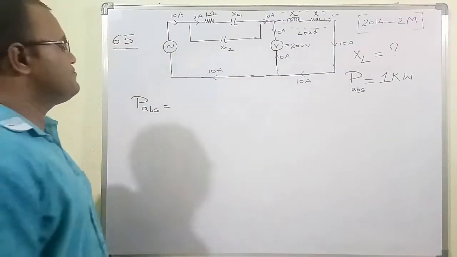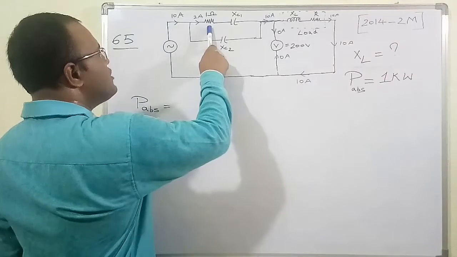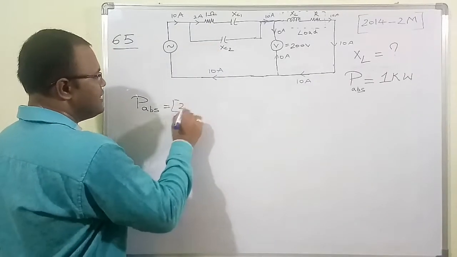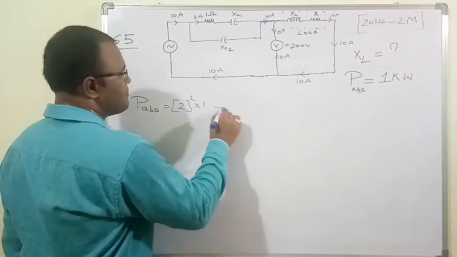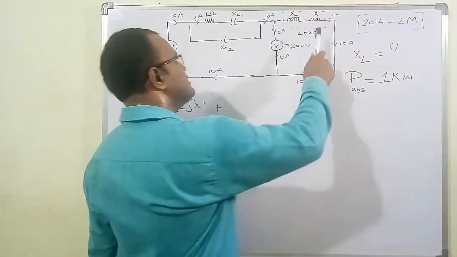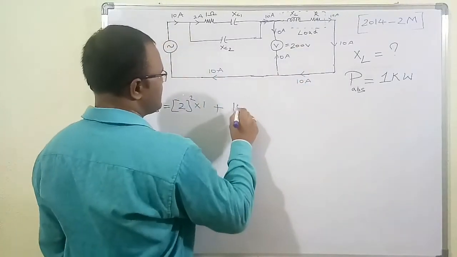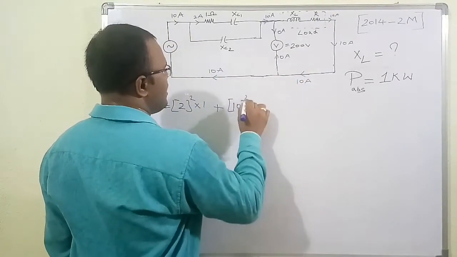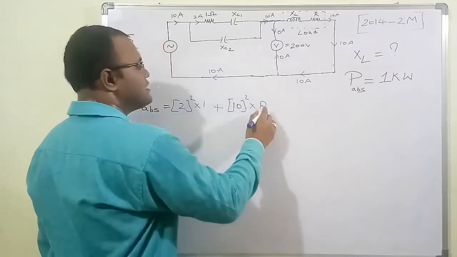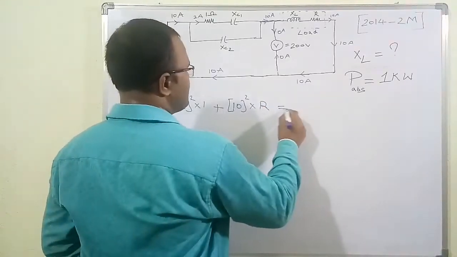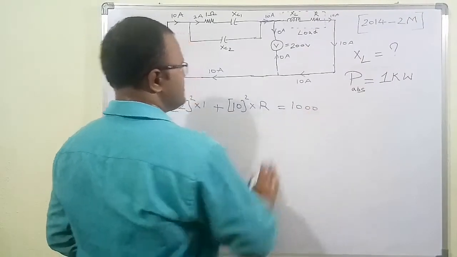In the 1 ohm resistor the current is 2 ampere, so the power is I square R, which is 2 square into R, plus, in the other resistor R the current is 10 ampere, so 10 square into R. The value of R is not given, but the power absorbed is 1 kilowatt, which means 1000 watt.